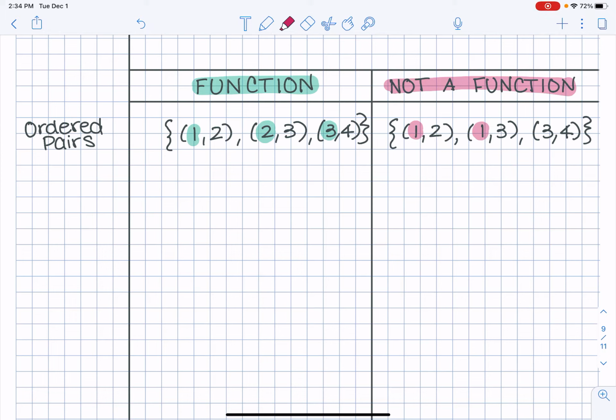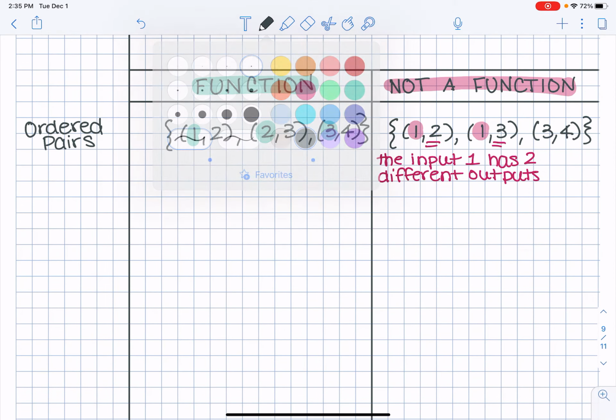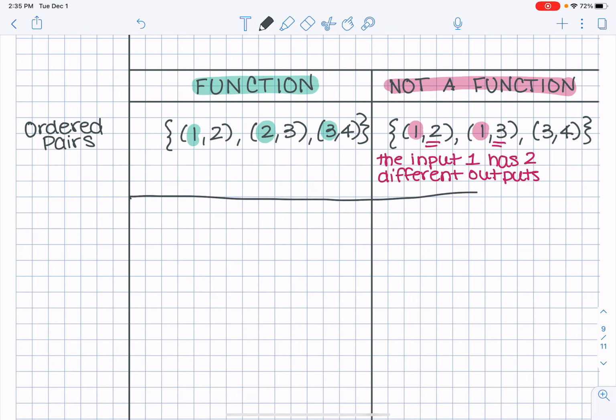If it repeats, that means the input of 1 has 2 different outputs. And I don't want that. So let's write that here. The input 1 has 2 different outputs. And we said we do not want that in our function. All right, so that's it for ordered pairs. That's how we can tell if an ordered pair is a function or not.